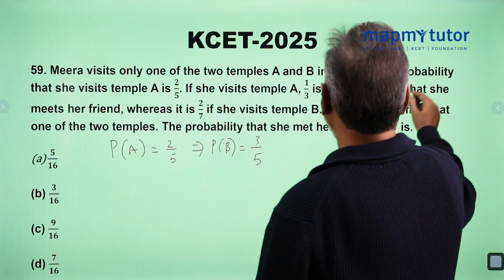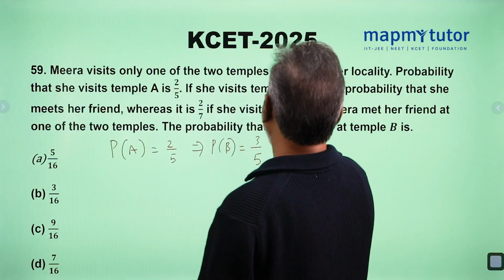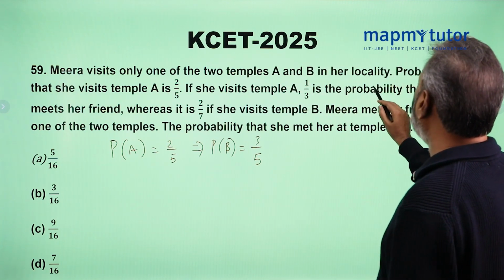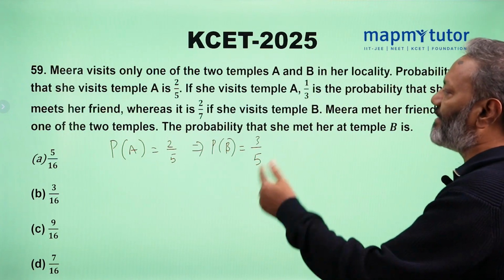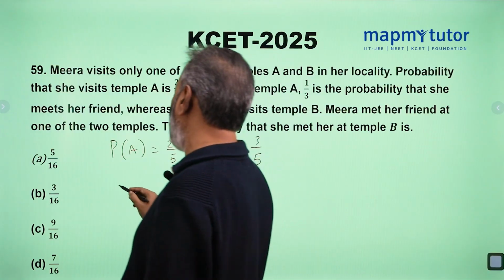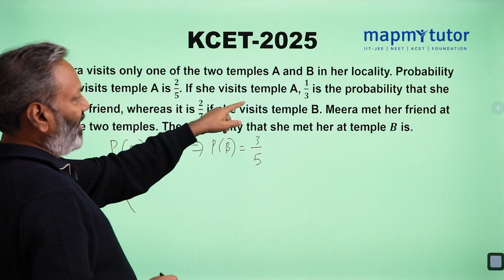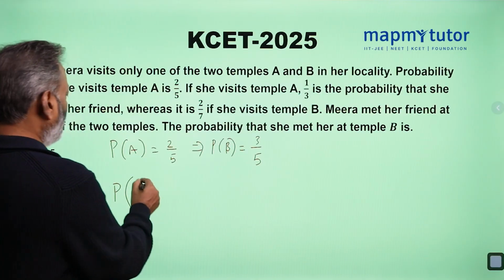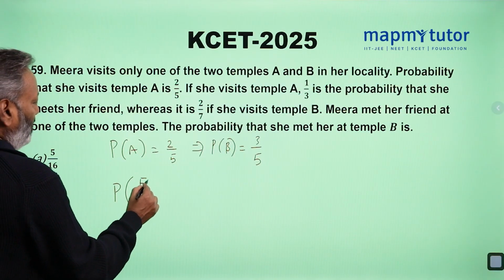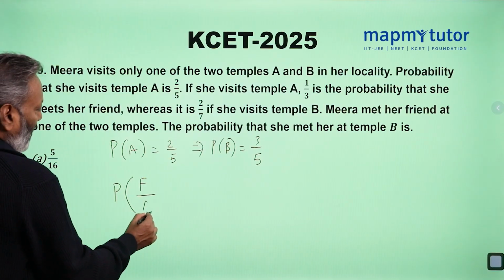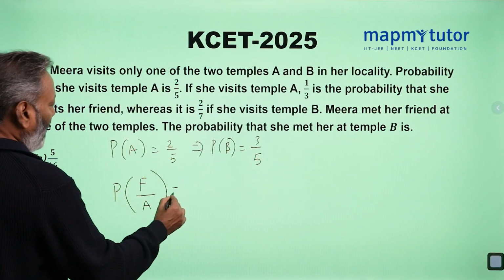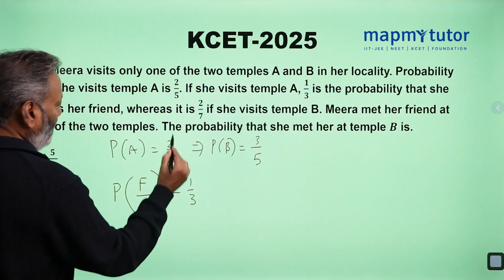Next. If she visits temple A, 1 by 3 is the probability that she meets her friend. That means it is a conditional event. If she visits A, she can meet her friend. So, the probability that she meets her friend after visiting temple A is 1 by 3.